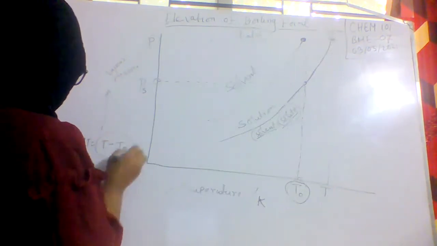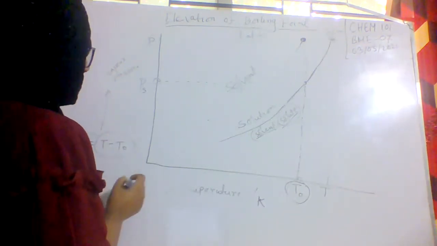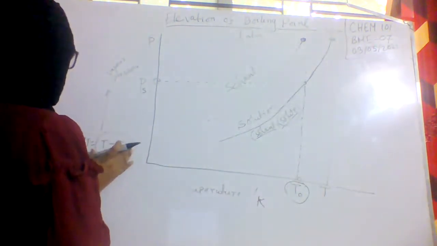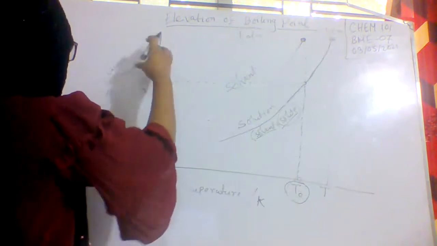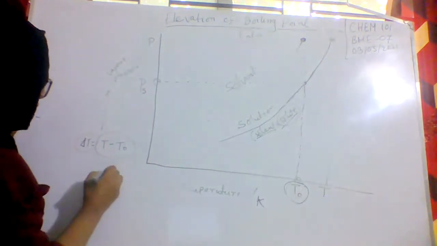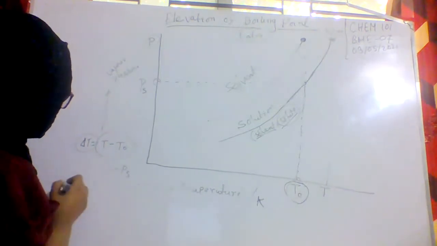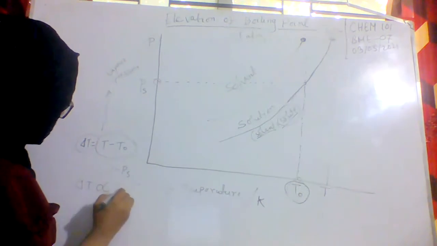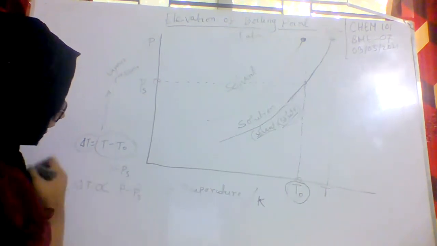And how did this happen? For this temperature change, what change do we get in the pressure? P minus Ps. So if I write delta T proportional to P minus Ps, is it okay?